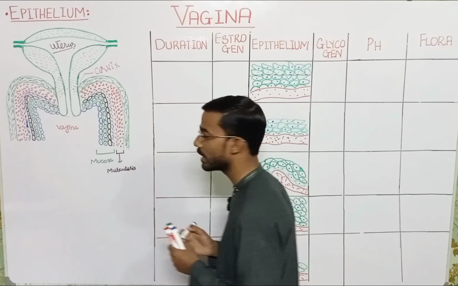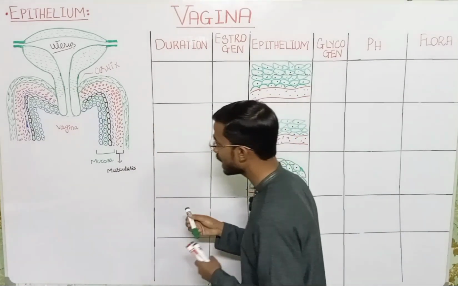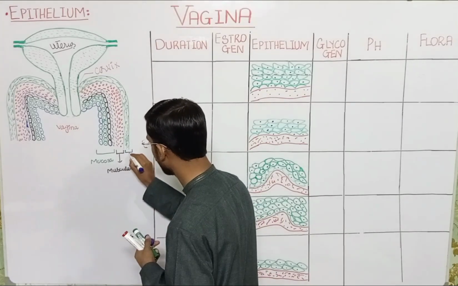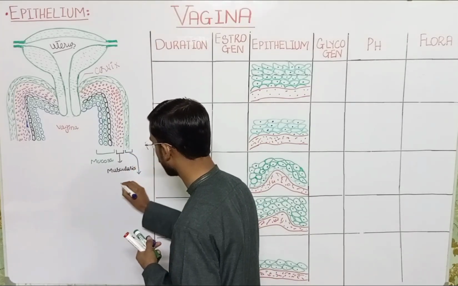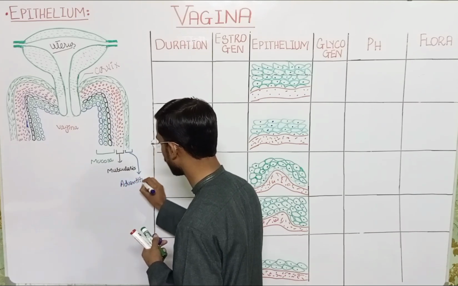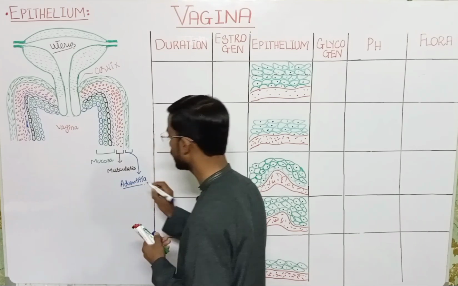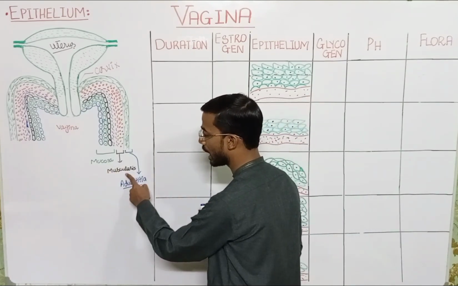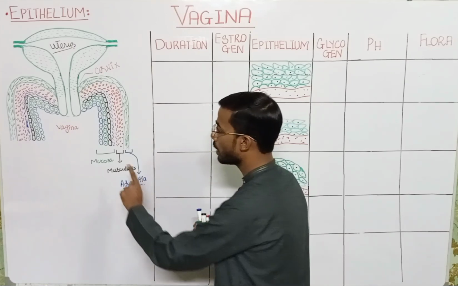This is the second layer of the vagina. And the last layer is the adventitia. So this is the last layer. Three layers: mucosa, muscularis and adventitia.